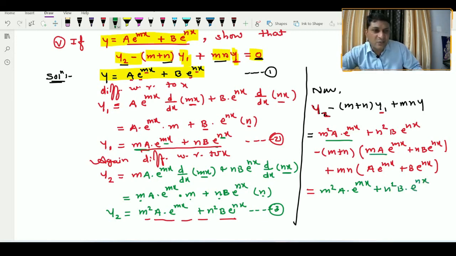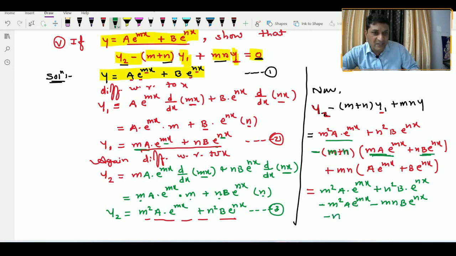Here in this bracket two terms are there. First I am multiplying by minus m to both the terms. So minus m into the first term will be minus m square a e^(mx), and for the second term minus mn b e^(nx). Now multiply by minus n to both the terms in this bracket.